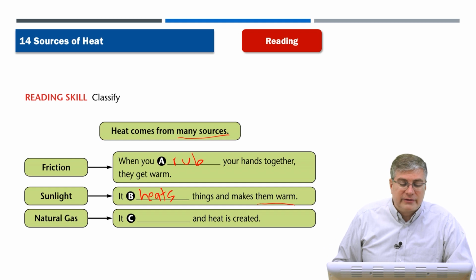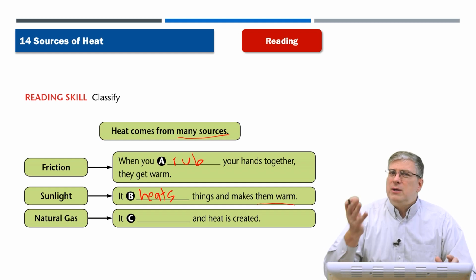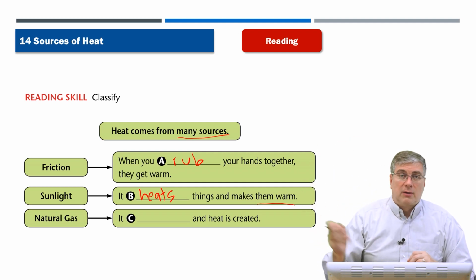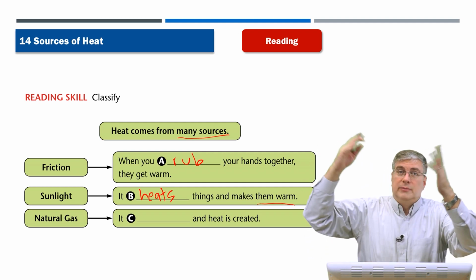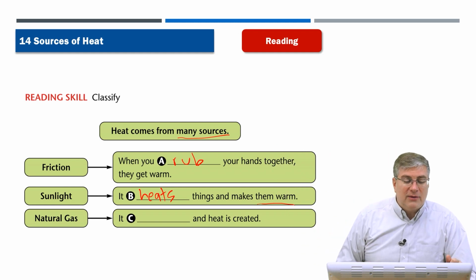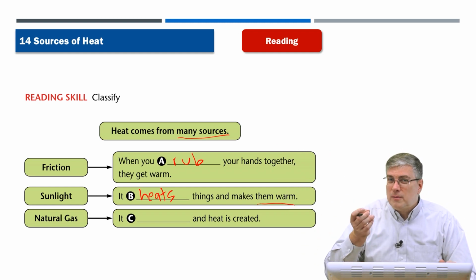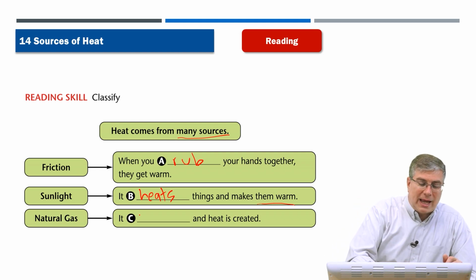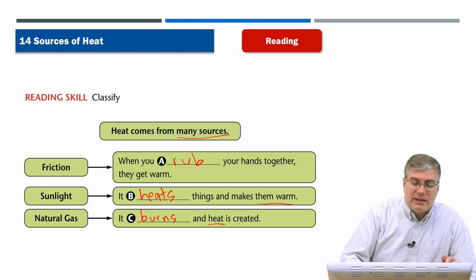So how do you get the heat from the natural gas? If the gas just escapes, there's no heat. It just comes out in the air and dissolves into the air. But if you put fire to it, it will burn. So natural gas burns and heat is created.